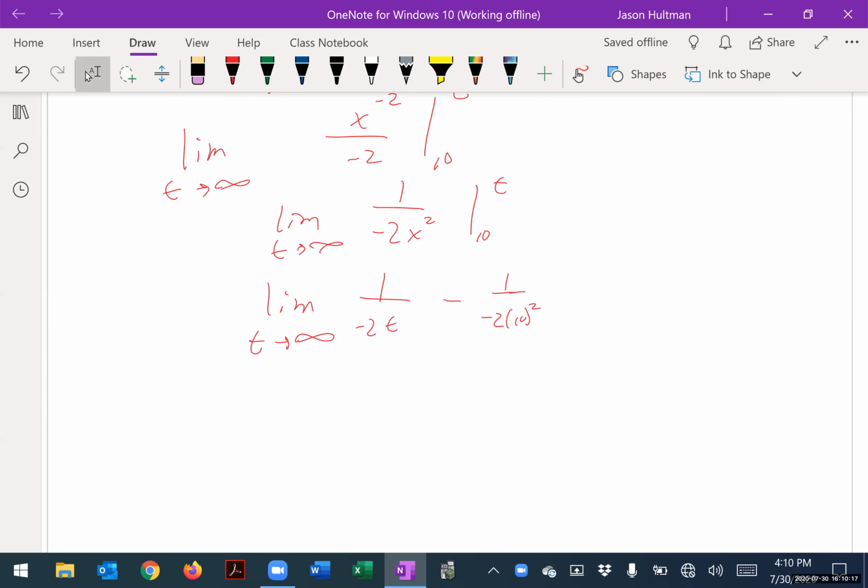Well, what's this thing going to go to? That thing's just going to go to 0, because it's just 1 over negative infinity, which is 0.